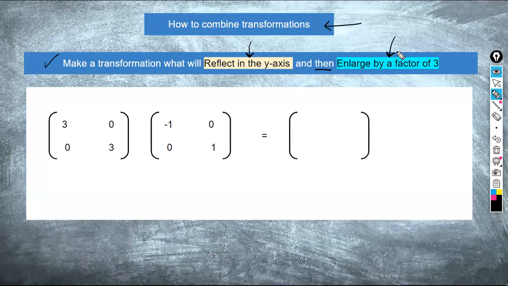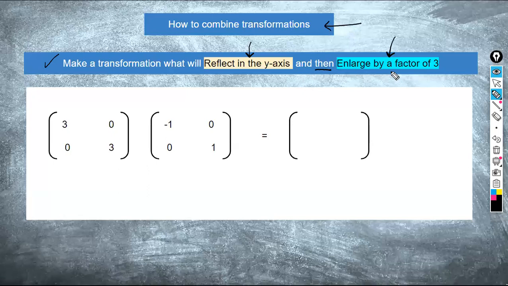So they want you to do 2 things, but they don't want you to do it separately. They don't want you to take the triangle, reflect it in the y-axis, get an answer, and then take that new answer and enlarge it by a factor of 3. They want one matrix that will do 2 things in one shot.